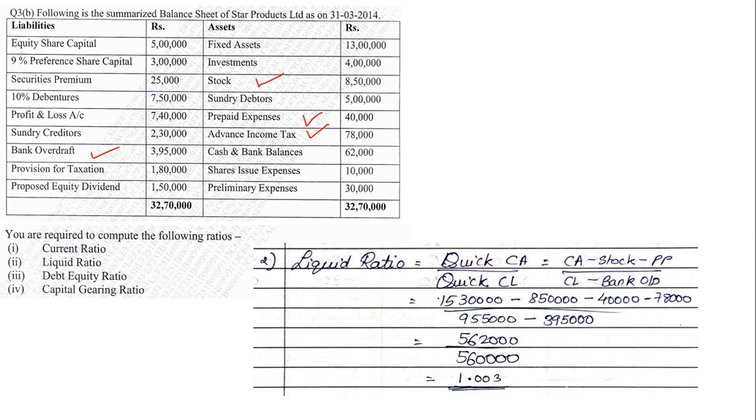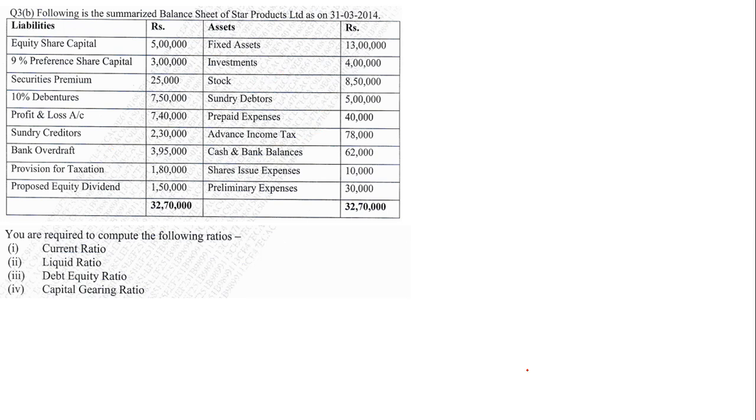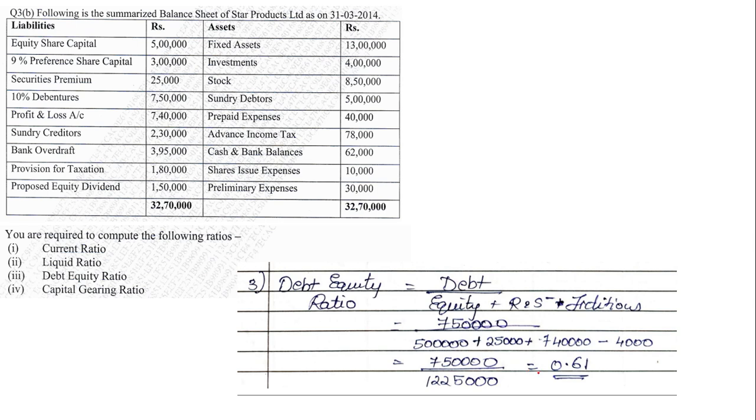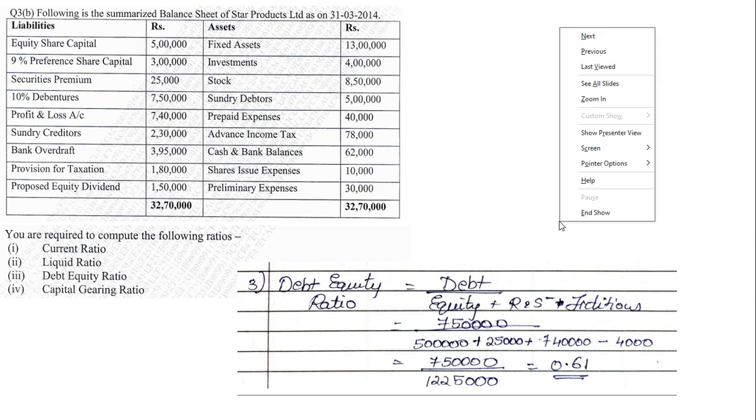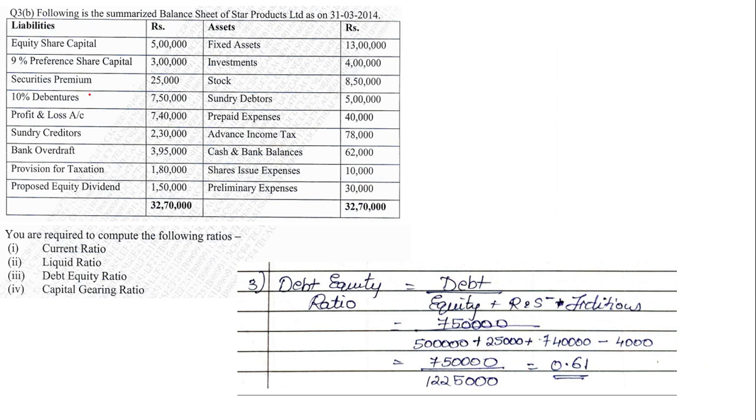Okay, next, third, debt equity ratio. Formula is debt upon equity plus reserve and surplus less fictitious. Now under debt there are debentures, and under equity we have equity share of 5 lakhs, and under reserve and surplus we have security premium and profit and loss less fictitious asset, which is 40,000.